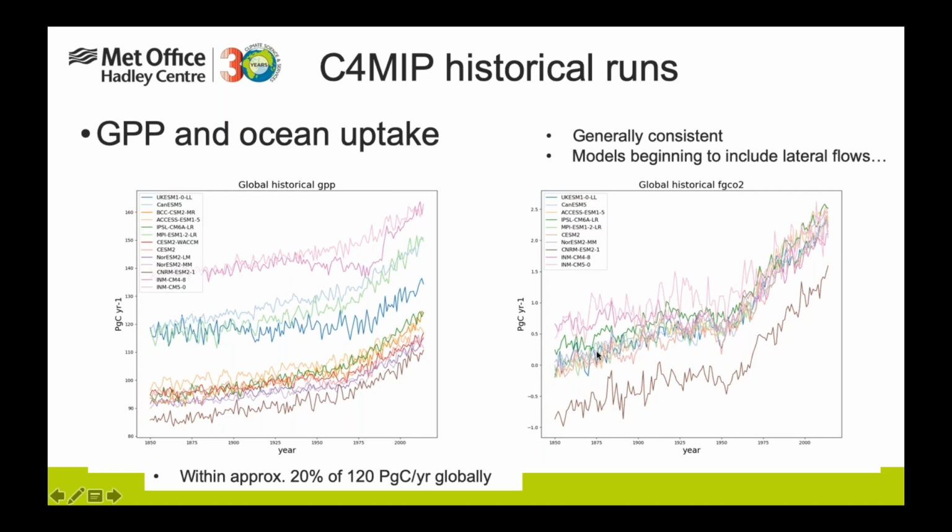Similarly, in the ocean, the long-term ocean uptake is fairly consistent between the models. What we're starting to see is some models that don't start at zero for their ocean flux. So the CNRM model stands out here, and that's because they include some lateral flow terms. The CNRM model has some river transport of carbon that takes carbon from the land into the ocean.